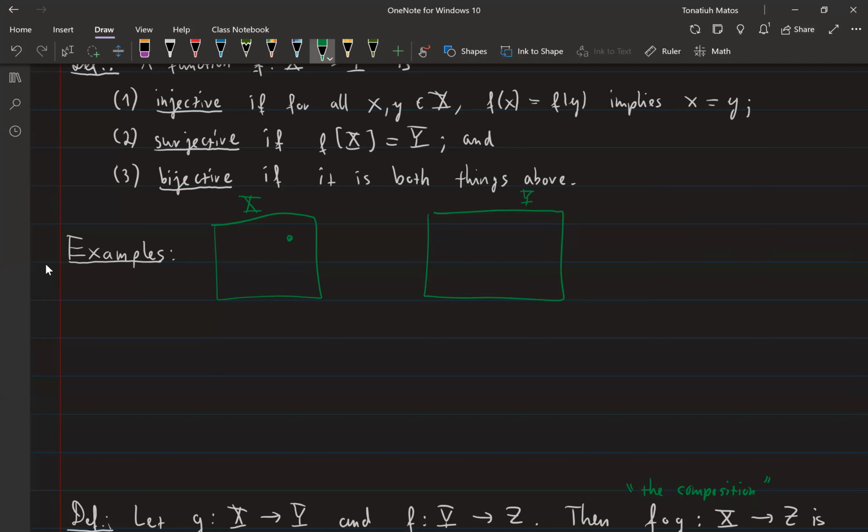Okay, so something is not injective if it sends two different elements to the same thing, right? So this would be an example of something that is not injective. Let's say that these are different. So this is not injective, right?